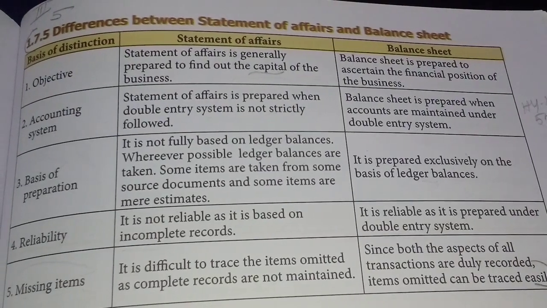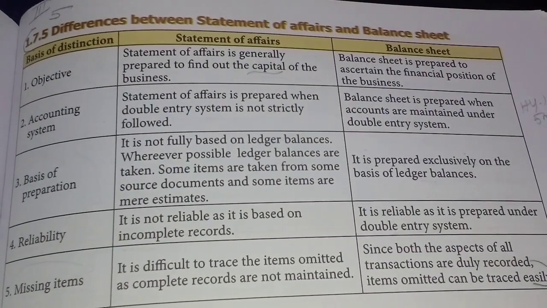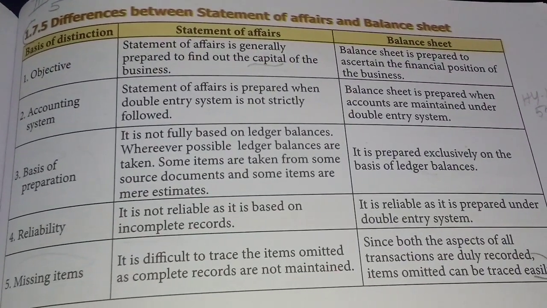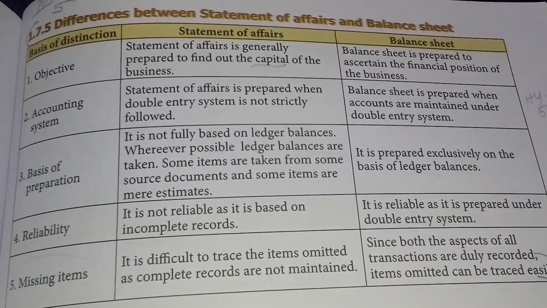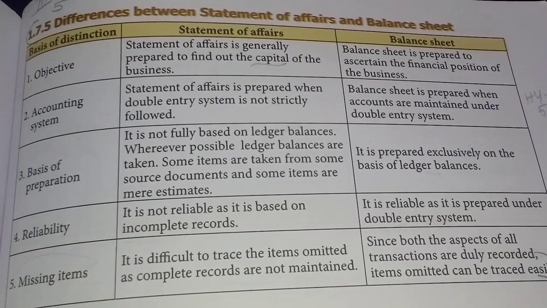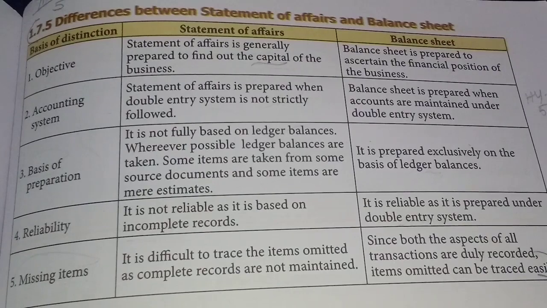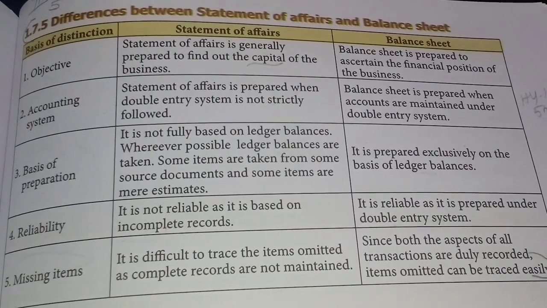Then the fourth point is reliability. We know that the statement of affairs is not reliable because we do not follow the double entry system and it is incomplete records. But the balance sheet is reliable because we follow the double entry system.